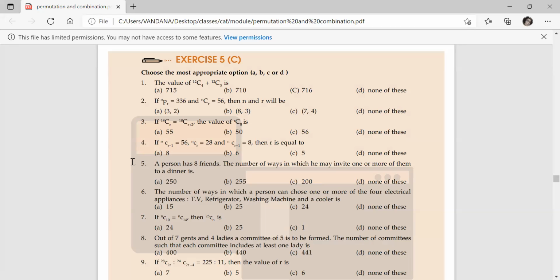Question number 8. Out of 7 gents and 4 ladies, a committee of 5 is to be formed. The number of committees such that each committee includes at least 1 lady. We have to form a committee of 5 such that at least 1 lady is included.